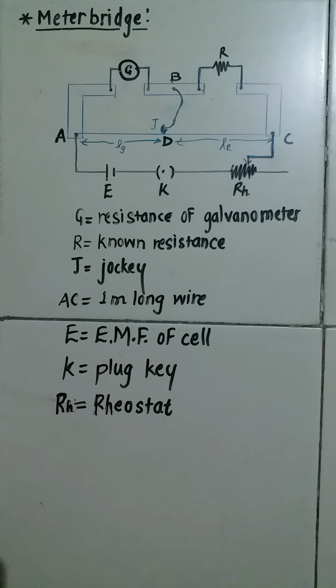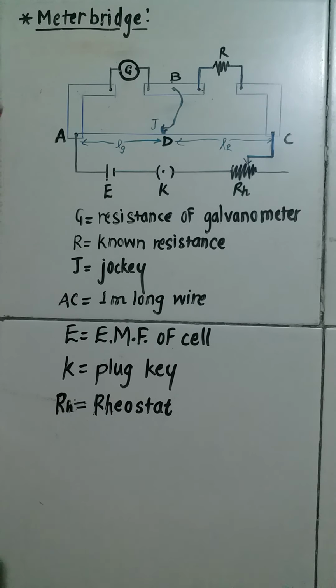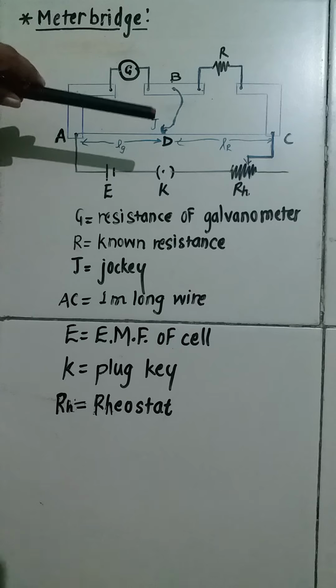To minimize these errors, precautions are taken. So let us see the precautions. First precaution, the wire used must be uniform. Second precaution: the value of R is selected in such a way that the null point should be obtained at the center of the meter bridge wire, that is, in the range 33 centimeter to 67 centimeter we should get the point D. But here it will not be a null deflection point, it will be an equal deflection point.